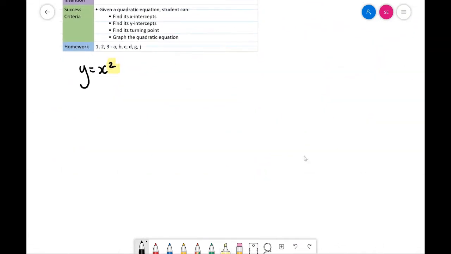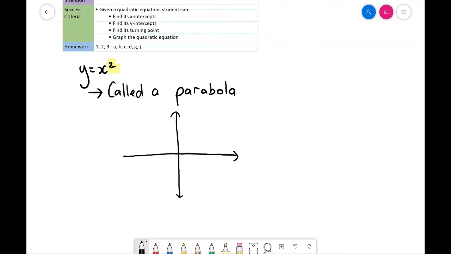Now, we have a name for it. It's called a parabola, and it looks like this. So y is equal to x squared.